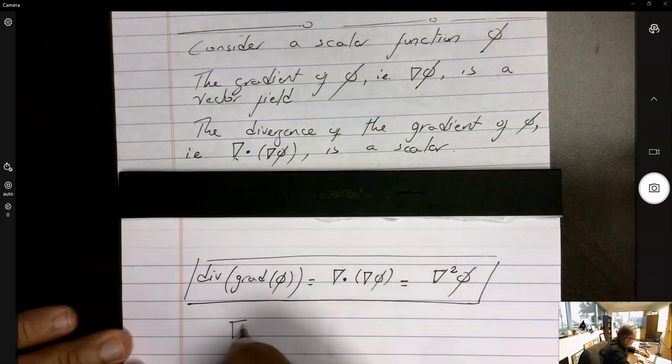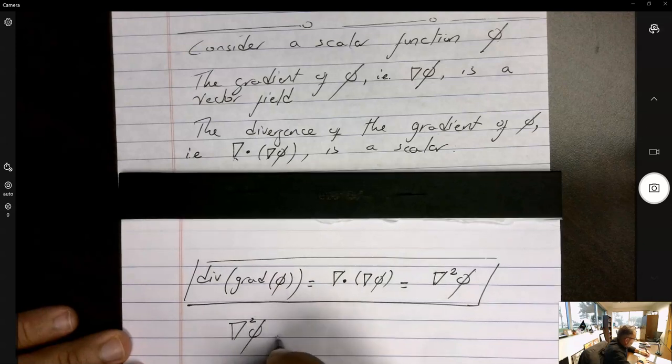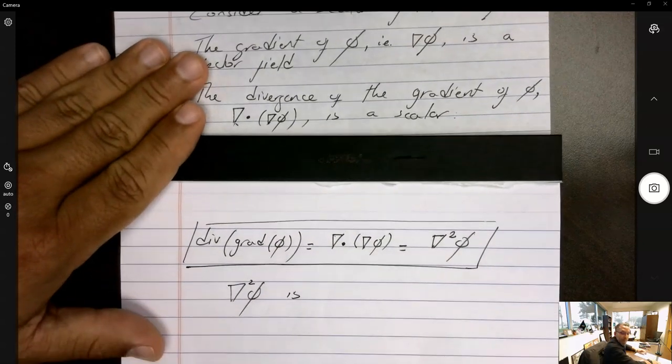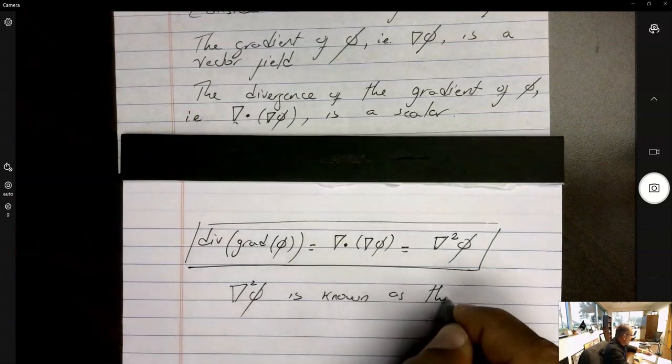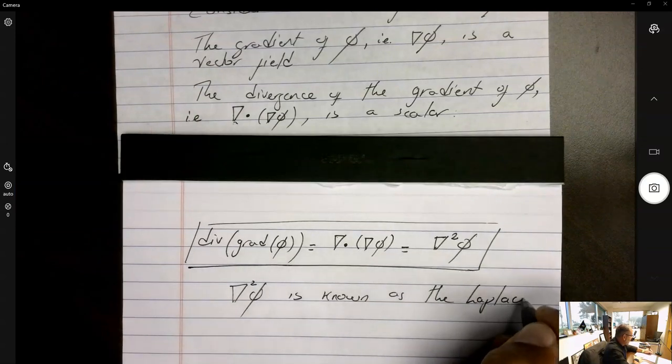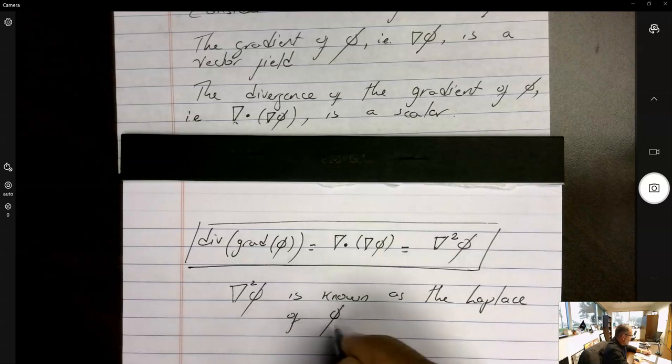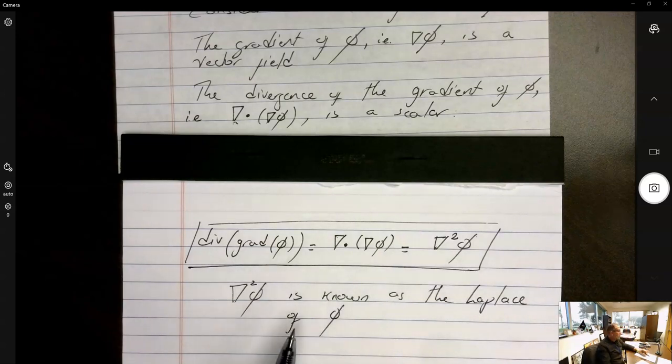Nabla square of phi is known as the Laplace of phi. So taking the Laplace of phi is equivalent to taking the divergency of the gradient of phi. This is not the Laplace transform. This is a completely different thing, but it's also due to the same Laplace.